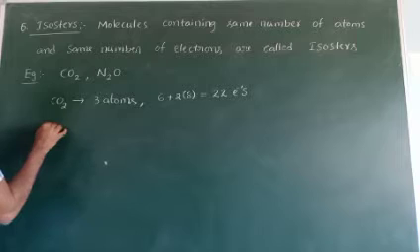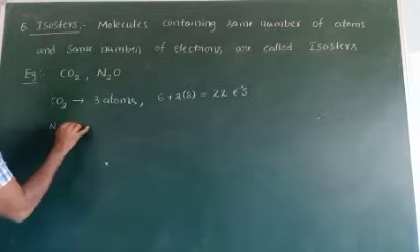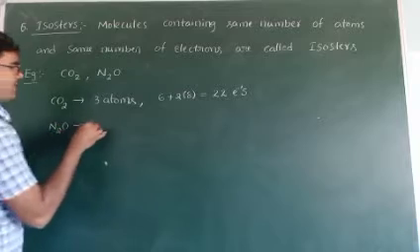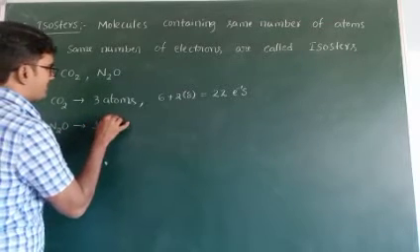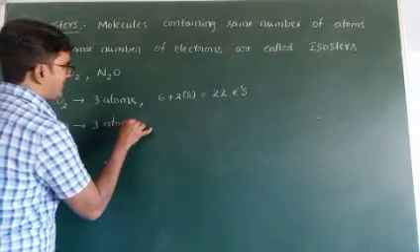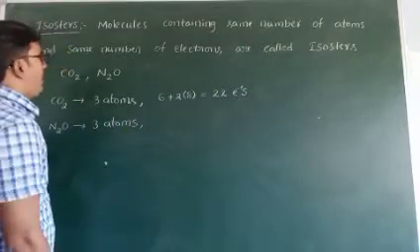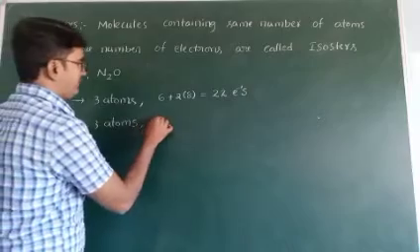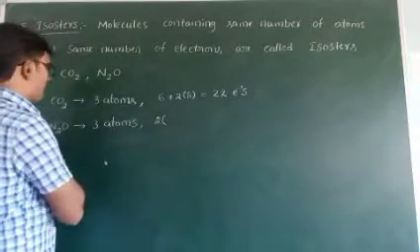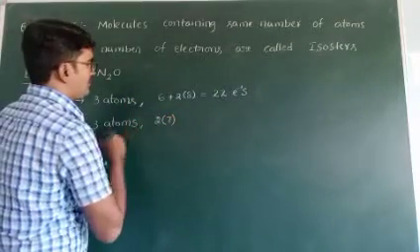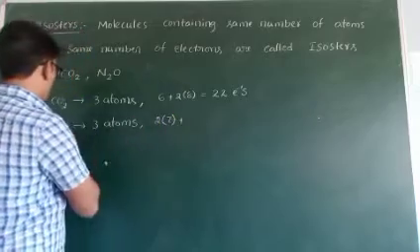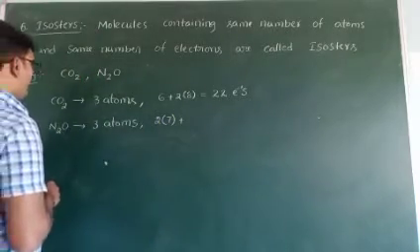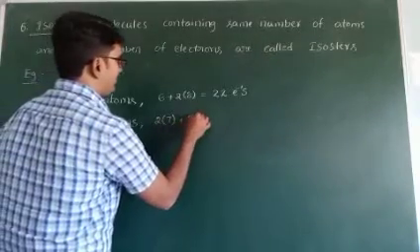Now calculate N2O. N2O contains how many atoms? 2 nitrogen atoms, 1 oxygen atom. So total 3 atoms. And how many electrons are there? 2 into 7, nitrogen actually contains 7. 2 sevens are 14, plus oxygen contains 8.